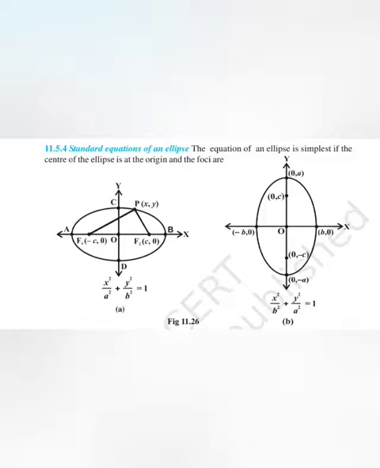Or we can say that if the denominator of x² is greater than the denominator of y², then the major axis is along the x-axis and the minor axis is along the y-axis. And if the denominator of x² is less than the denominator of y², then the major axis is along the y-axis and the minor axis is along the x-axis.